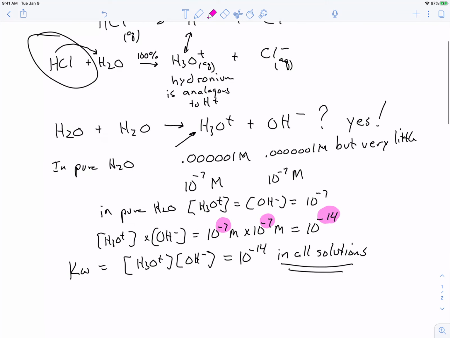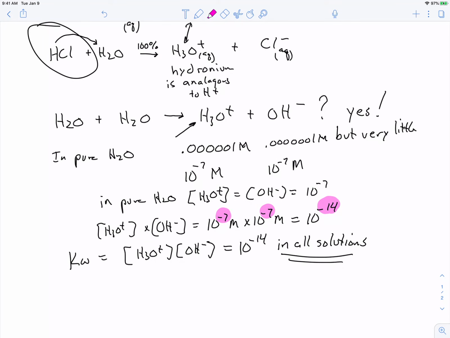So let's try some simple ones. What if I have a hydronium concentration that is 0.01? What would the hydroxide be, knowing that the product is always 10 to the minus 14? In other words, this is 10 to the minus 2 times something equals 10 to the minus 14.